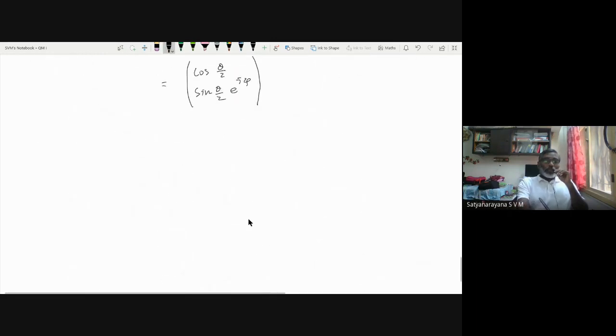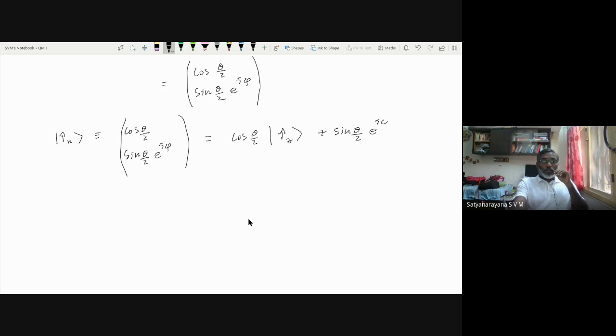Okay, so your up n is given by this cos theta by 2 and sin theta by 2 into e to the power I phi, which can be written as cos theta by 2 into up z plus sin theta by 2 into e to the power I phi down z. So you can write an arbitrary vector like this.